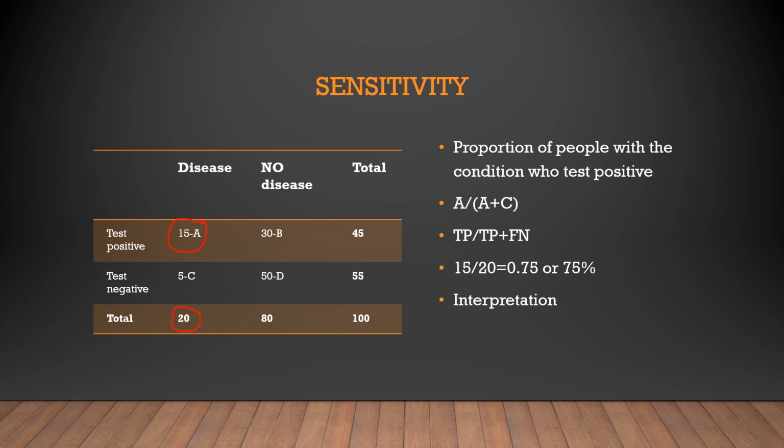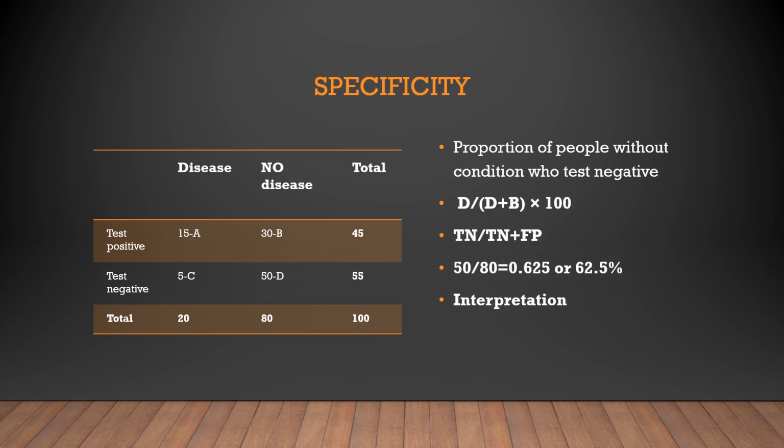So sensitivity will be A by A and C, which is the total amount who are diseased, or true positive divided by true positive and false negative. So that will be 75%. So how will you interpret such a result? It means when the test is coming out positive, you can expect 75% of those to be actually having the disease. This is sensitivity.